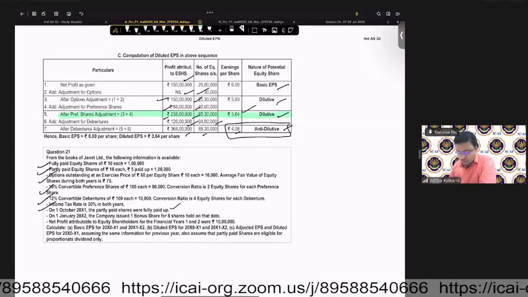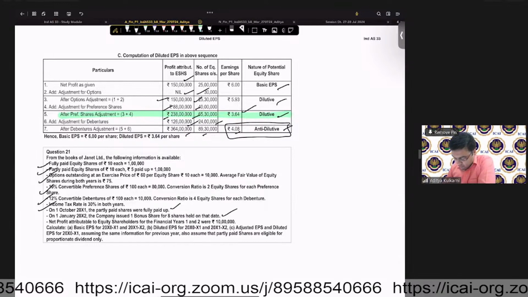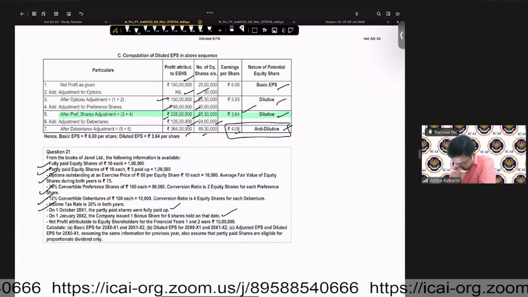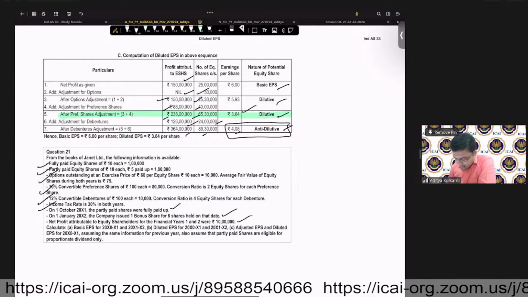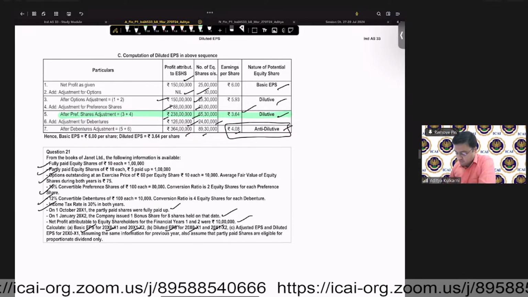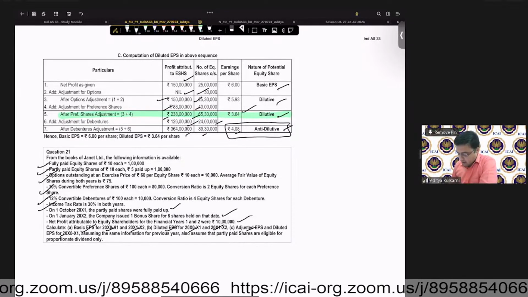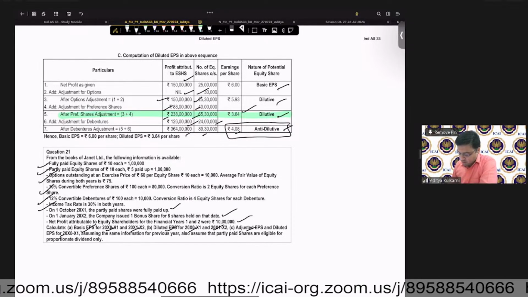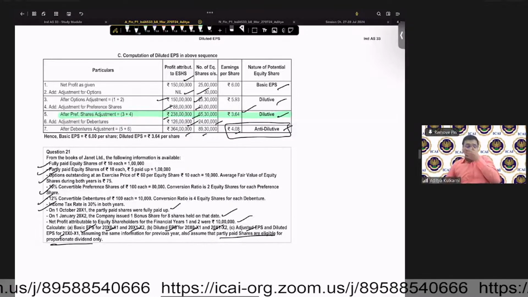Partly paid became fully paid on 1st October X1. Then you have bonus shares on 1st January X2. Net profit attributable. You need to calculate basic EPS for the first 2 years, diluted EPS for the first 2 years, adjusted and diluted for the previous year. Assume that partly paid shares are eligible for proportionate dividend only.